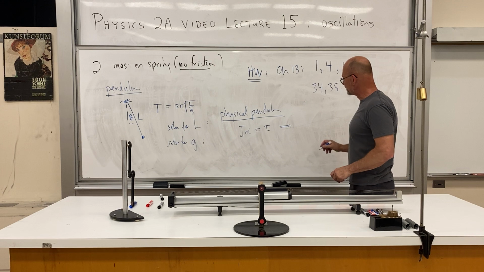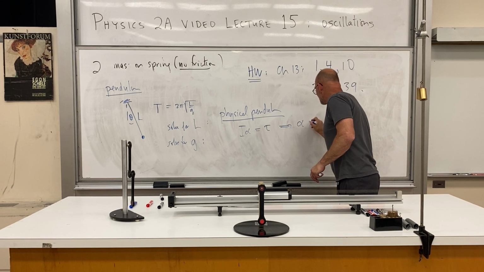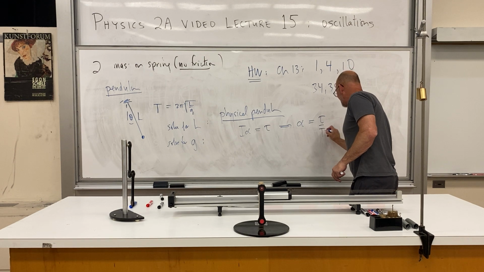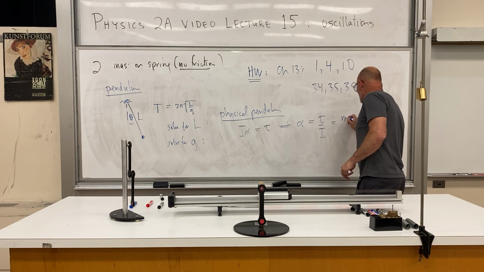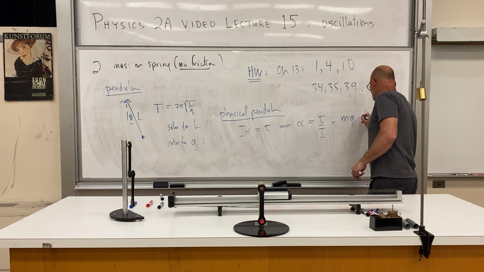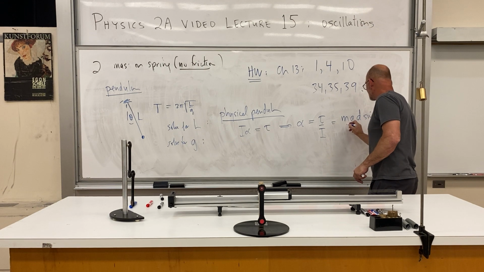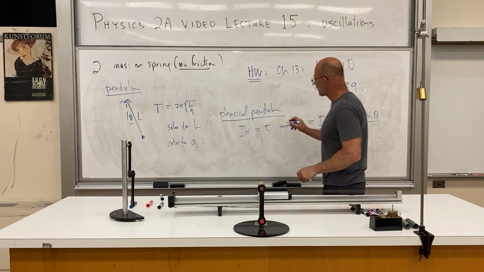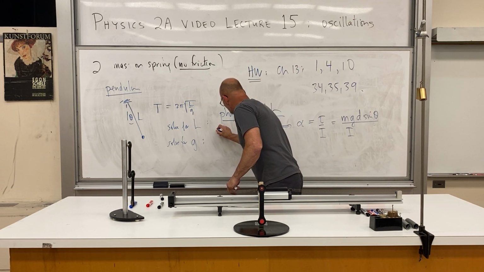And then what you do is you write alpha equals tau over I. And the tau is the same, it's mg d sine theta, and I here. So let me do a picture with the physical pendulum, right?